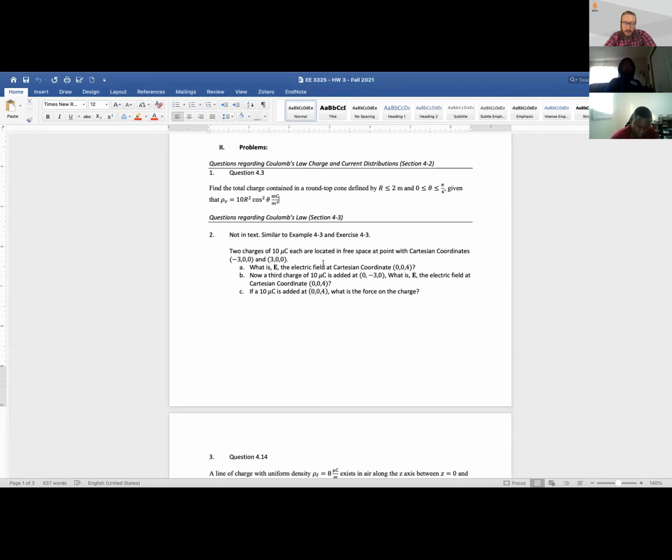So if we could find the electric field due to charge 1 and the electric field due to charge 2 at this location, we could just add that up as superposition and find the total electric field there. Does that sound familiar?